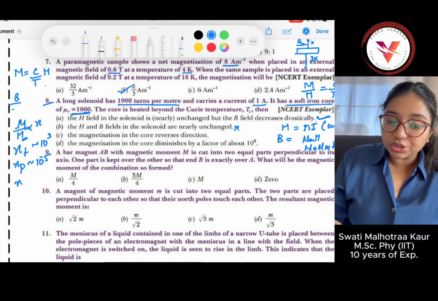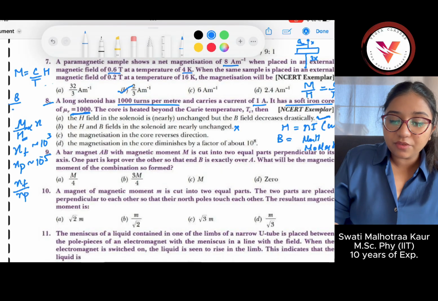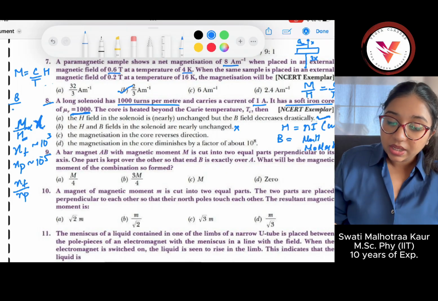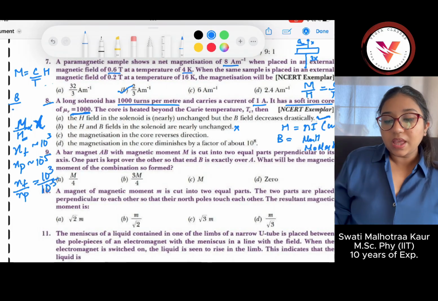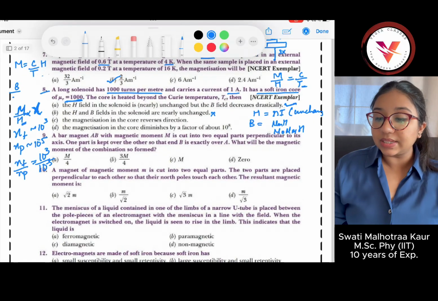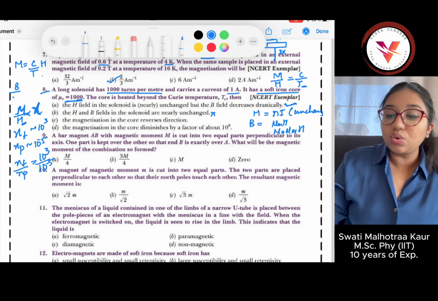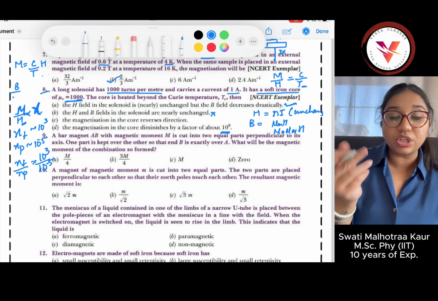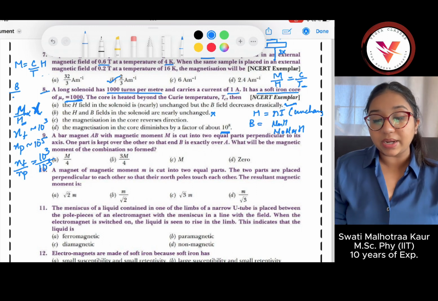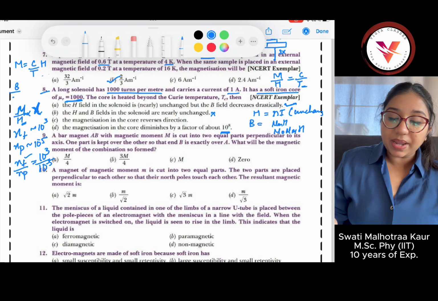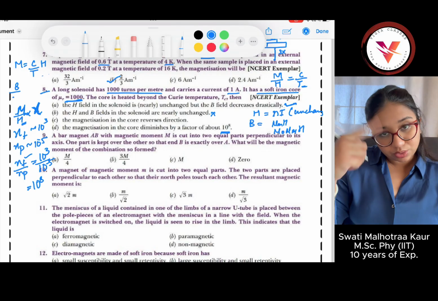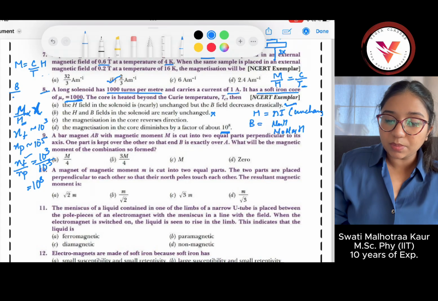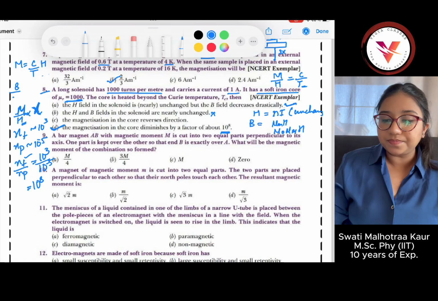If you take the ratio of both, magnetization is proportional to chi, which is susceptibility, then it is 10 raised to the power 3 upon 10 raised to the power minus 5, which goes to 10 raised to the power plus 8. So the magnetization of the core diminishes by a factor of 10 raised to the power 8, because beyond the Curie temperature your ferromagnet will change to paramagnet. So it decreases because it changes to para.